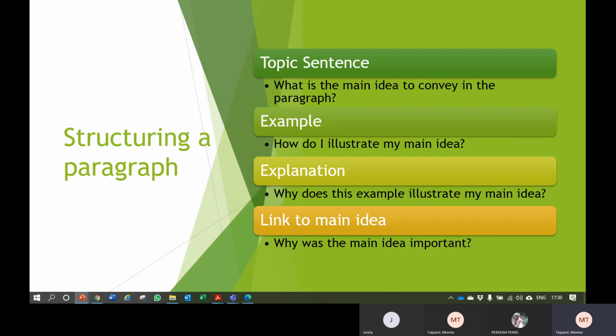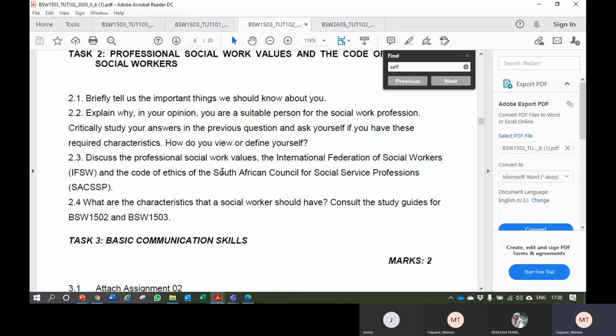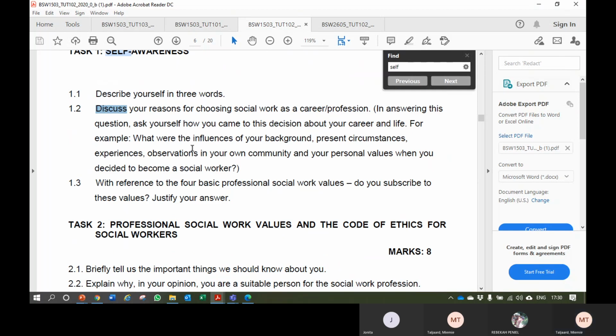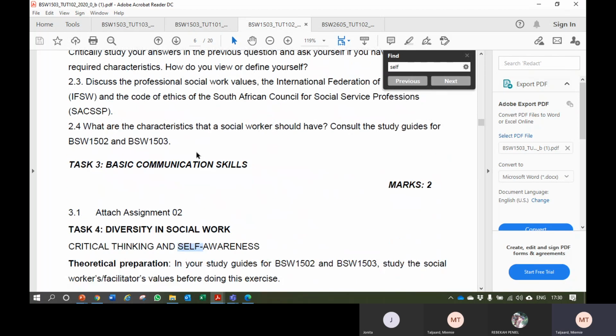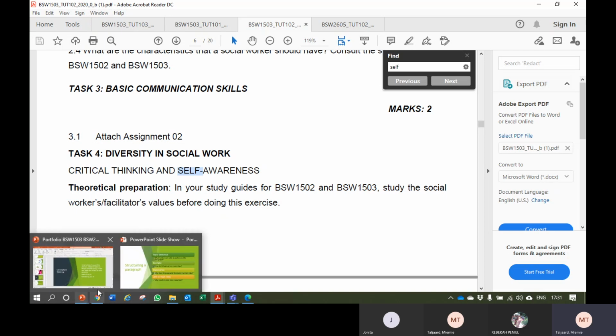Now, when you start writing, structuring a paragraph, if we go back to this one, can you see there's a paragraph, there's a paragraph, there's a paragraph. And when you write your report, the same rules apply. In fact, the same rule applies. It doesn't matter what the module is.